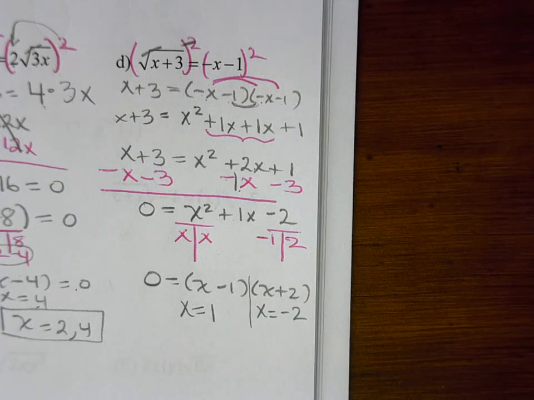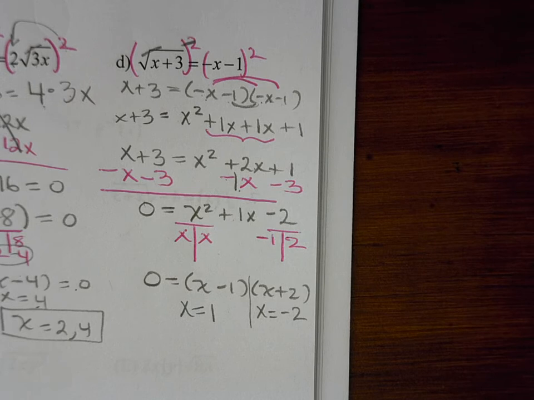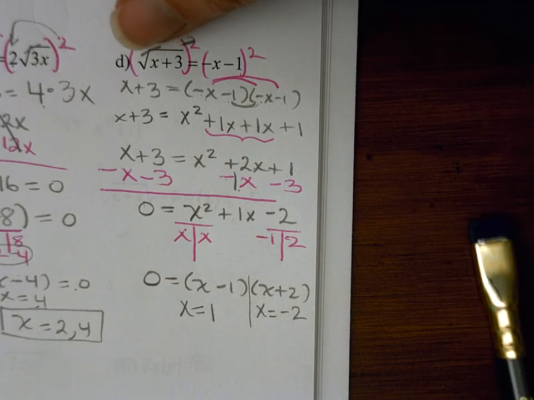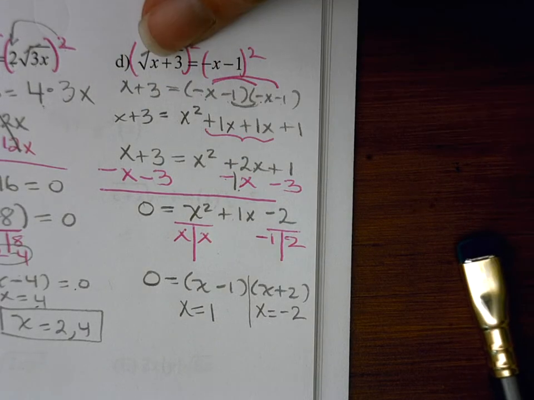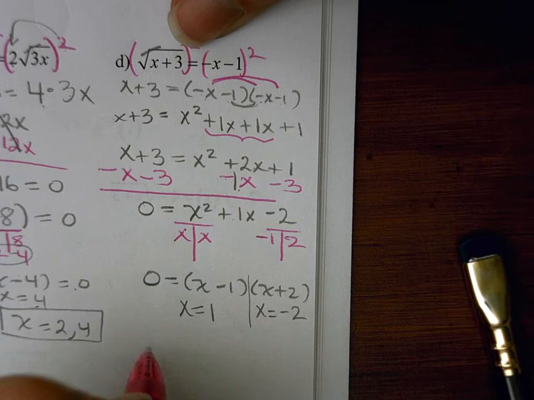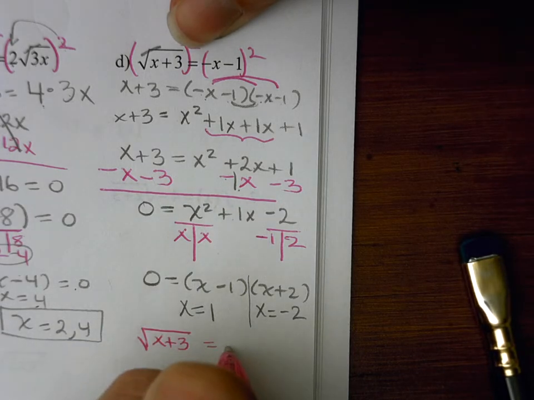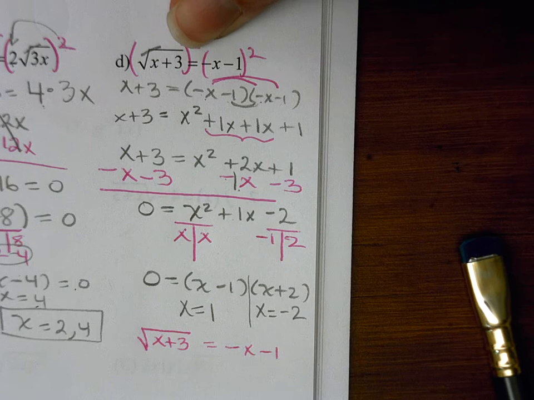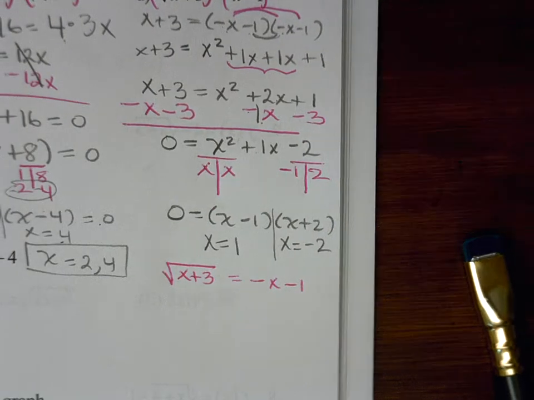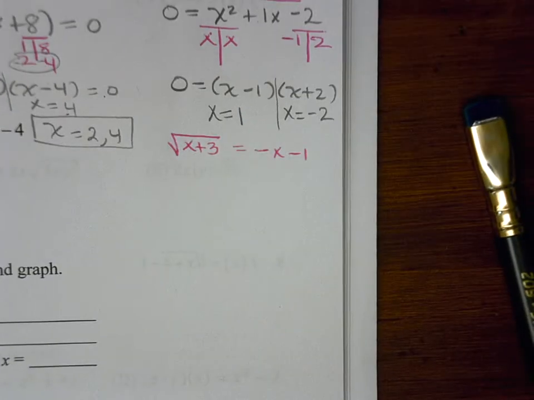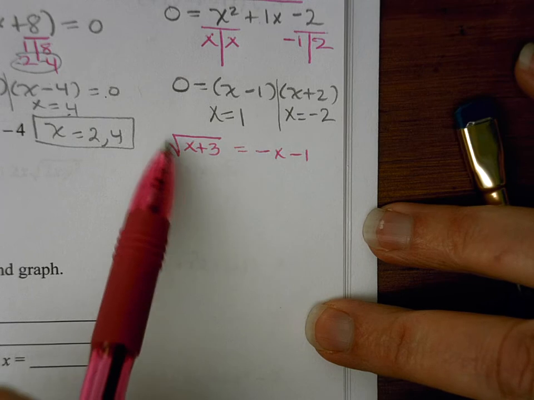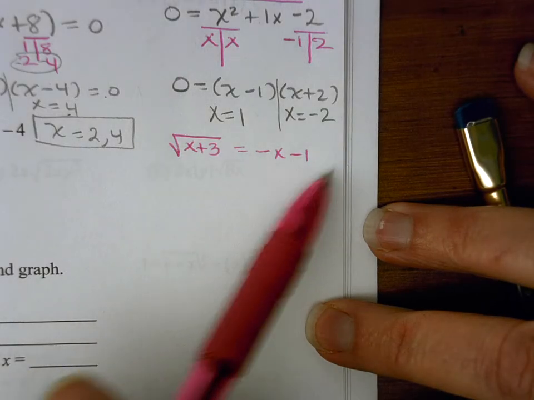So for this one, I do have to look for the extraneous solution because of turning it into the quadratic with the single root. So I'm going to write down my original problem here. So I know that my square root always has to be equal to a positive number, right?